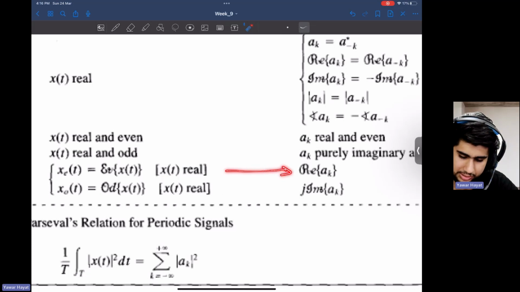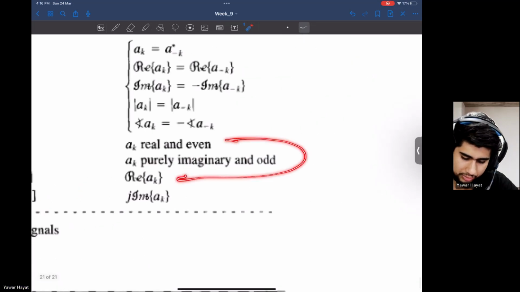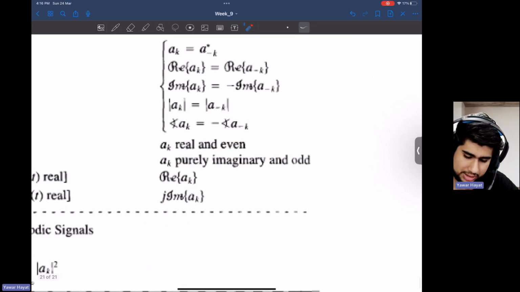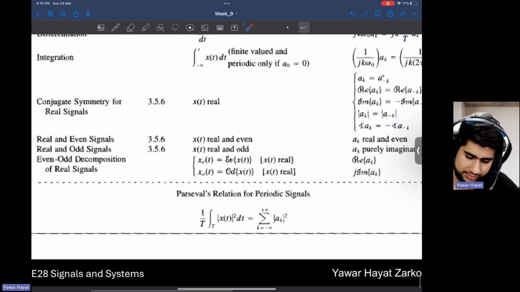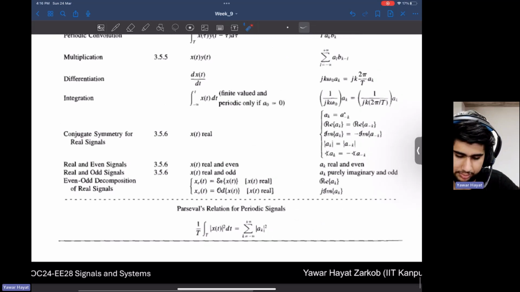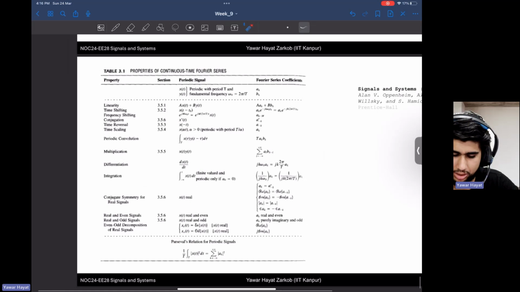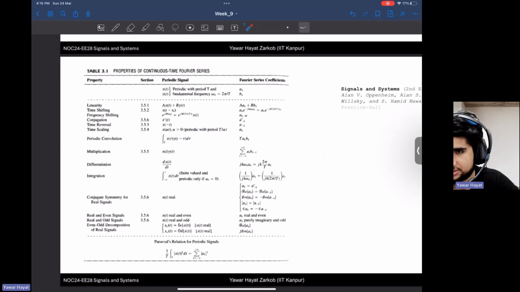This one follows readily from the earlier one. Likewise, this follows readily from that one. Parseval's relation, we saw this as well. You could have been asked a question from this as well. So in short, this table summarizes this session in one page.